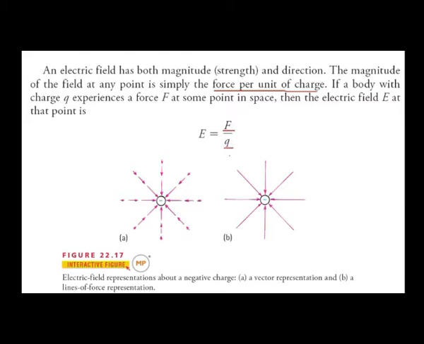So at a certain electric field, for example at this point, another electric charge would feel a force at this particular distance. So that is the force per the charge of the particle that is coming near a certain charged particle.